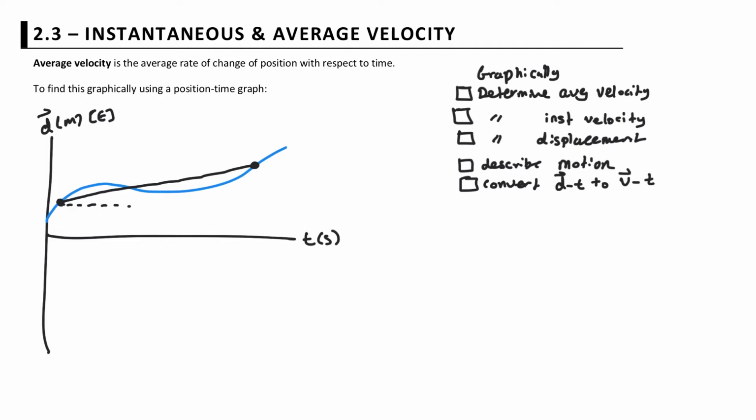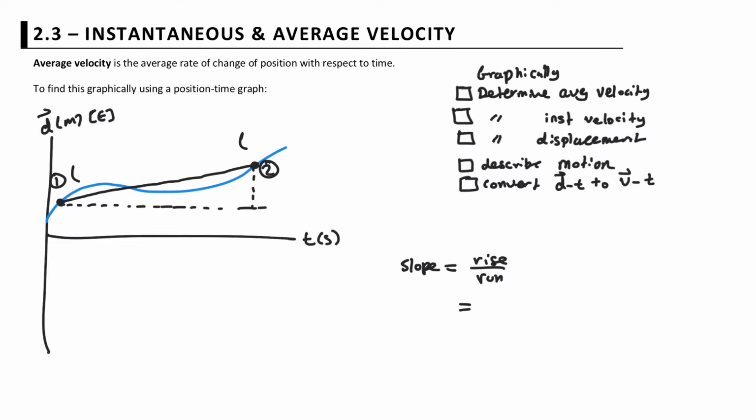What does the slope show us? Well, let's see. The slope here is equal to rise over run. Let's say we have 2 points here. This is event 1, this is event 2.